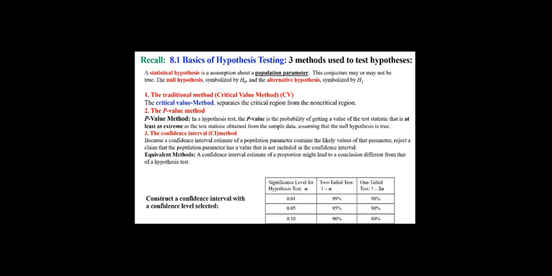Understand that when you have a two-tailed test, 99% is in between, and the total area in two tails is 0.01. But if you happen to have a one-tailed test, 98%, accordingly 1 minus 2 alpha.